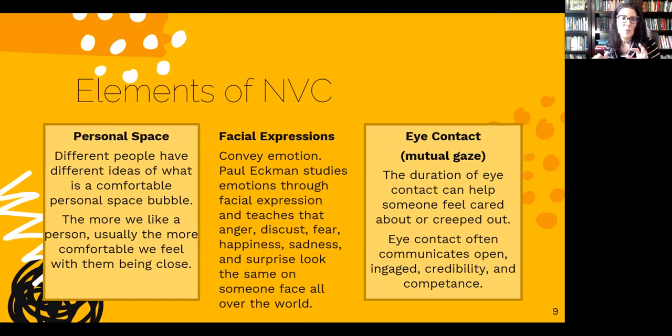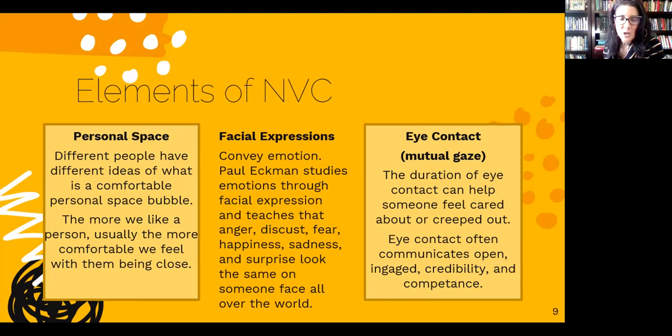So it's something that we can detect and then know the context of what's happening. And he works a lot with law enforcement. He does a lot of forensic work. So he teaches people to look for lying through facial expressions. And again, I'll show you that in just a few minutes. Eye contact. So this is also called mutual gaze.